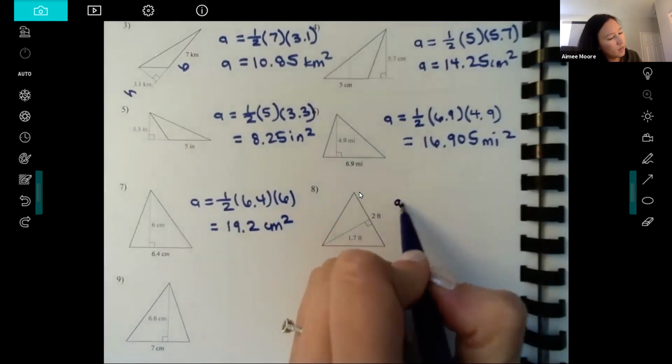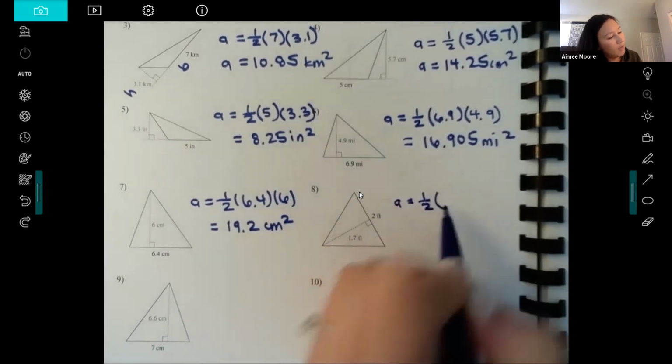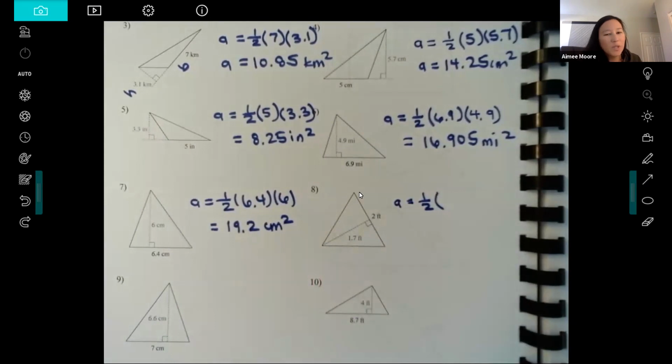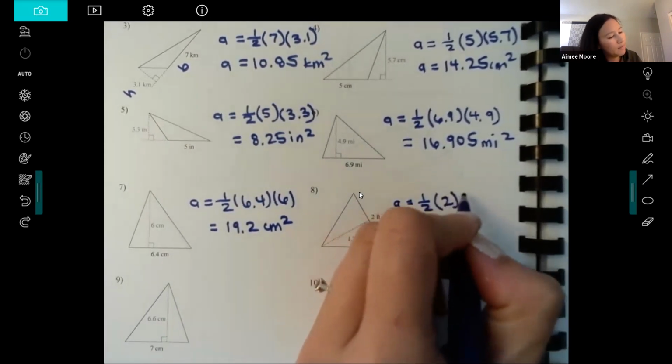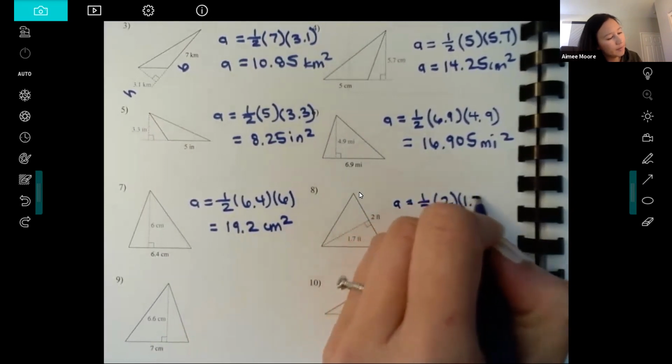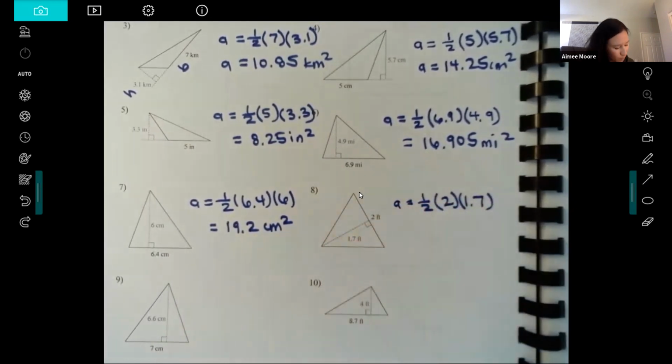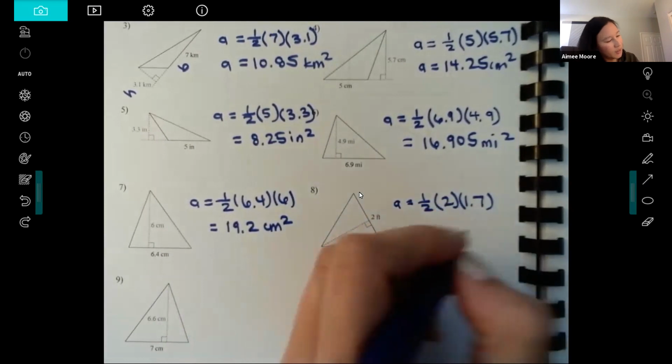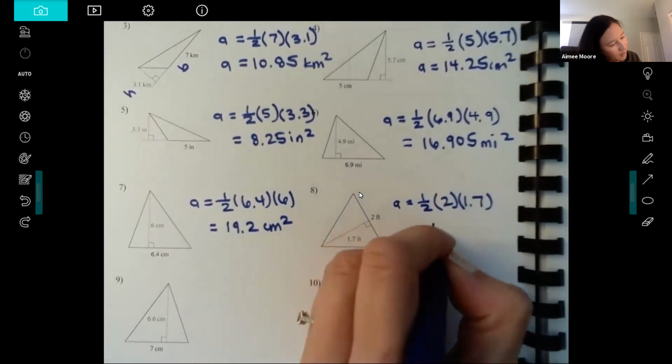Number 8, we have 1/2 times, what's our base, Jade? 2. Good. And what's the height? 1.7. Good. Half of 2 is 1, and 1 times 1.7 is just 1.7.